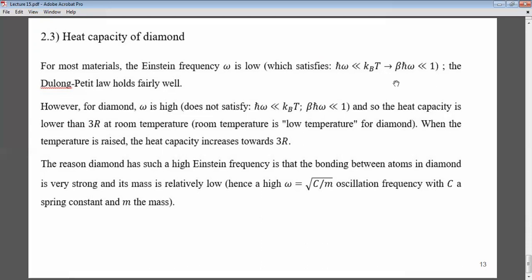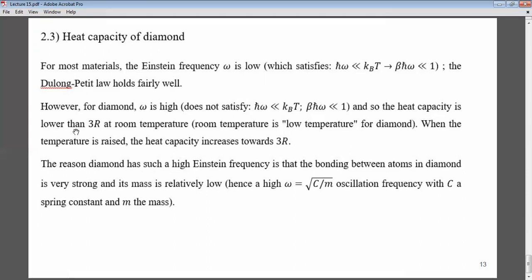However, for diamond, omega is very high, which does not satisfy h bar omega being much less than kBT, and so the heat capacity is lower than 3R at room temperature. Room temperature is very low for diamond. When the temperature is raised, the heat capacity increases towards 3R.